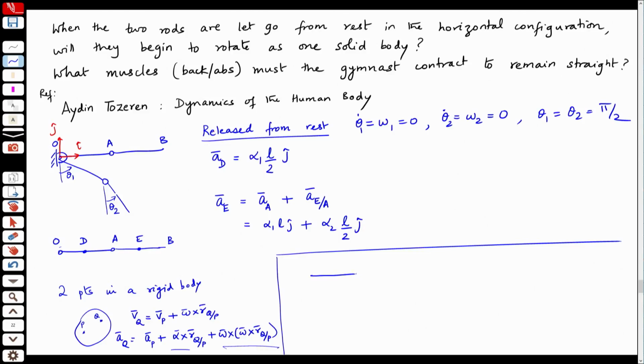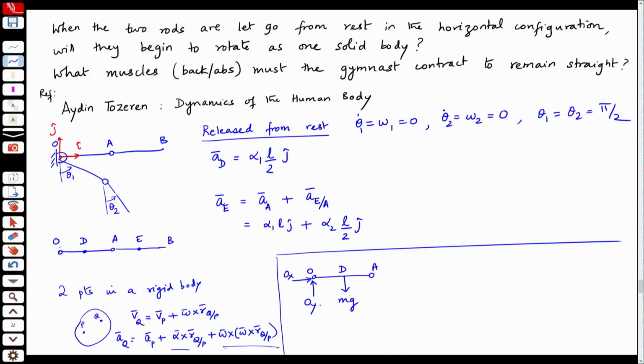So, I have O, A, and I have point D. So, I have mg acting at point D. If I draw the free body diagram, I have the reactions, let me call it Ox, Oy at the pin joint.